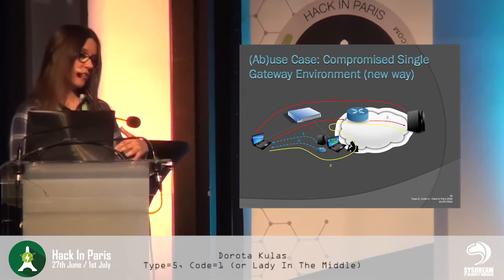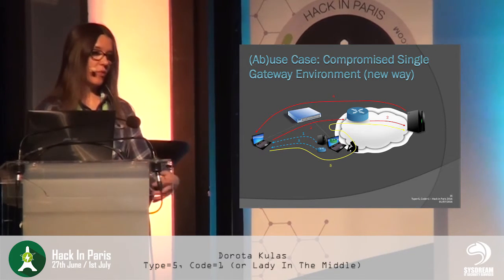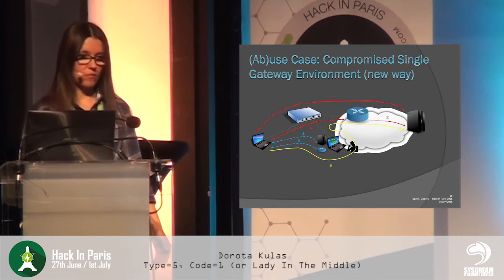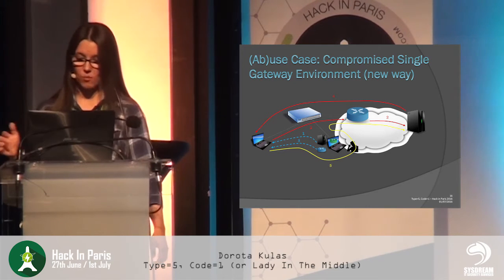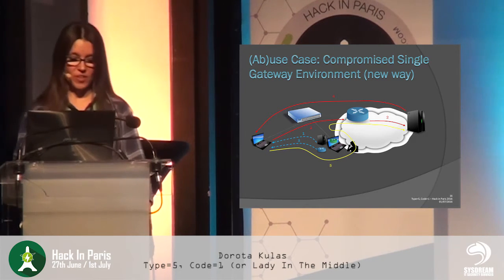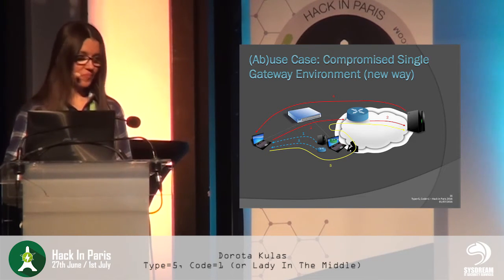And then after the user recognizes this message and installs the new route in the routing table, we have a man in the middle, so this yellow communication going on again.